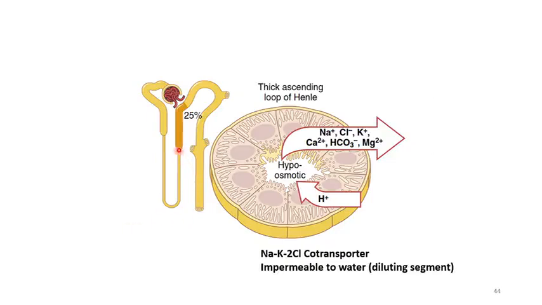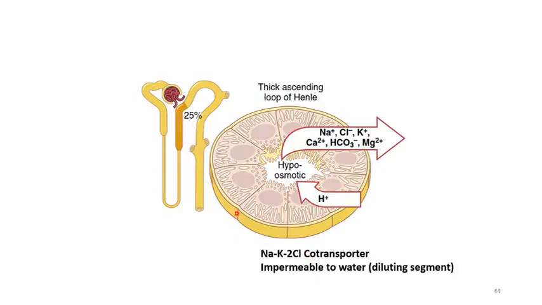The thick ascending limb of the loop of Henle is very active in reabsorption of sodium chloride together with potassium, calcium, bicarbonate, and magnesium. This part is so important. One of the active types of transporters is the sodium-potassium-chloride cotransporter in the luminal membrane.